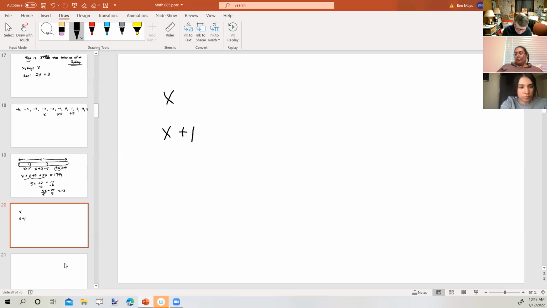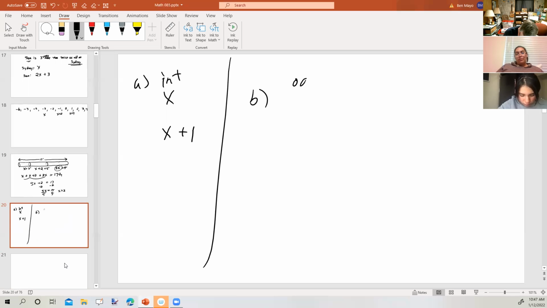All right. If x represents an odd integer, this is just integer, and this is odd integer. Basically, we're doing the same thing I just took you through, but this is out of the book. If x represents an odd integer, write an expression for the next largest odd integer. That would be x plus 2.